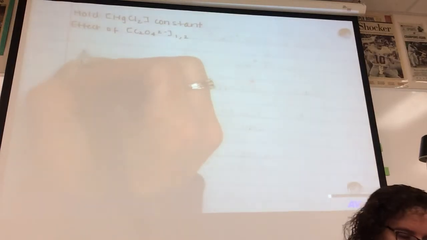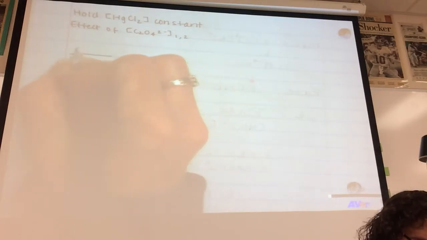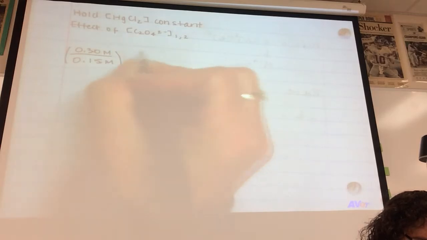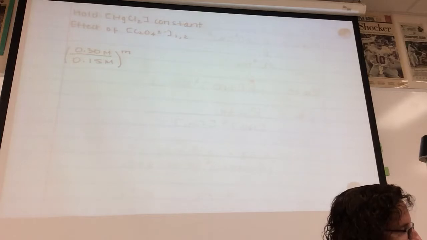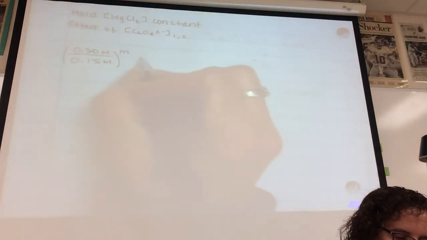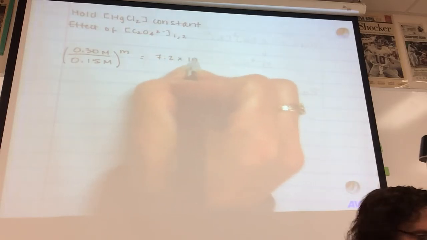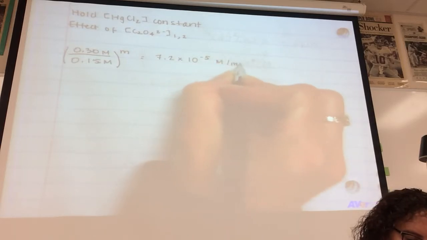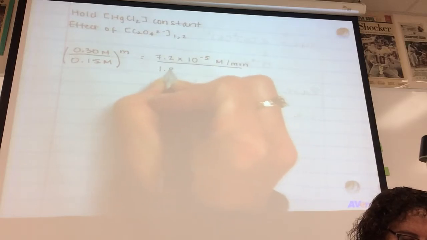I'm looking at the change in concentration of oxalate ion in the second and first experiments. I'm going to raise this to the m because the oxalate ion is the second reactant. And then I'm going to do the rate of the second over the rate of the first.